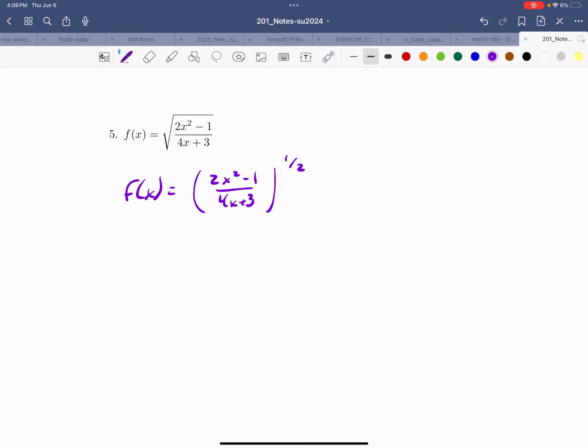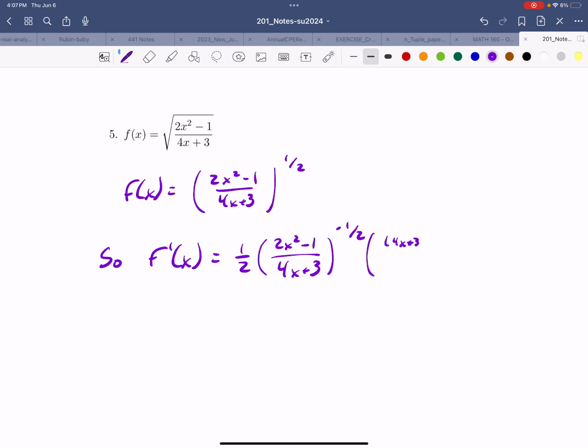All right, so at this point, we have 1/2 times the inside to the negative 1/2, and leave the inside the same, times the derivative of the inside, which again, it's a quotient rule, but not super terrible.